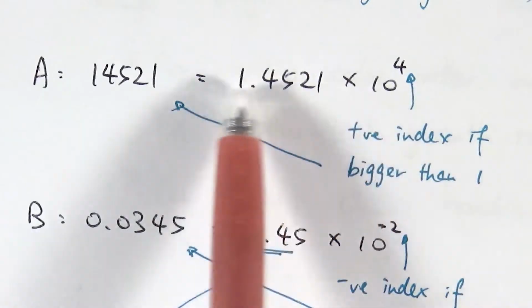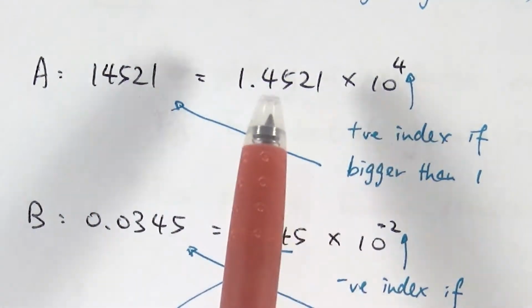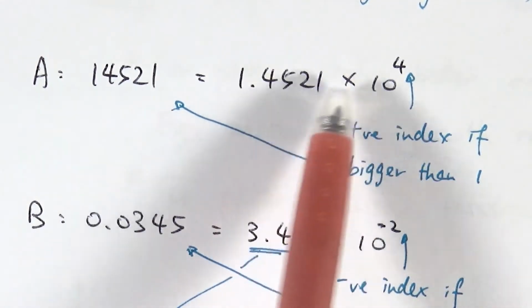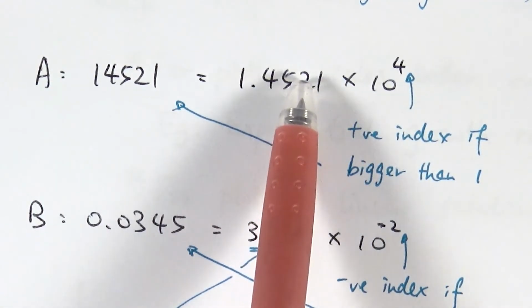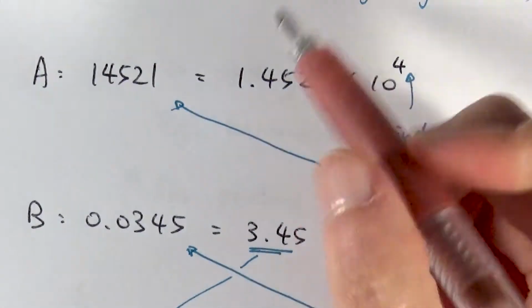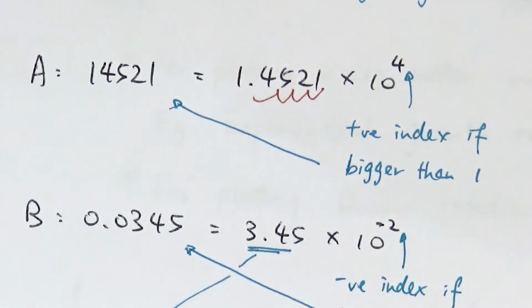Usually we only use a positive index if the entire number is bigger than 1. So 10 to the power 4 is basically 10,000. I can move the decimal place 4 times to the right to get back to the same value. So in this case, 1, 2, 3, 4, and I'll get back to the original number.